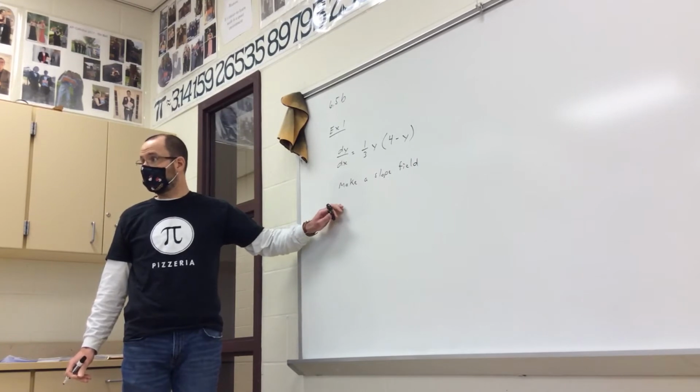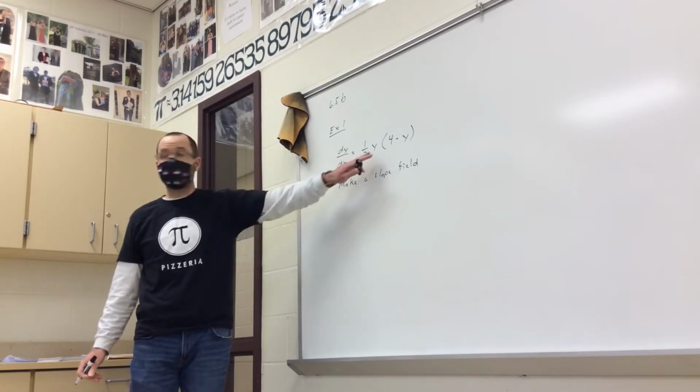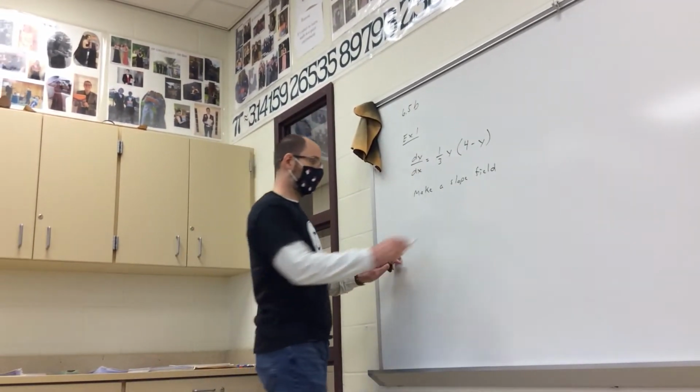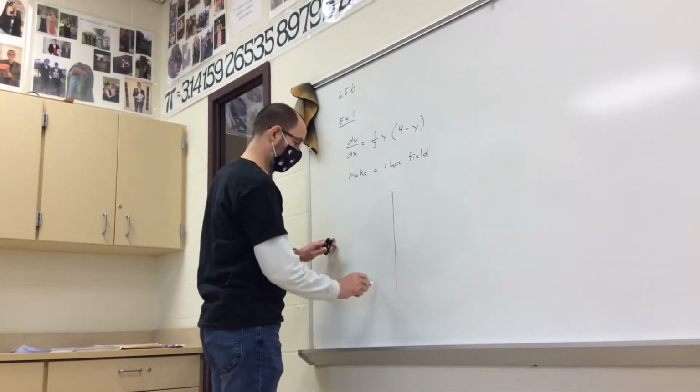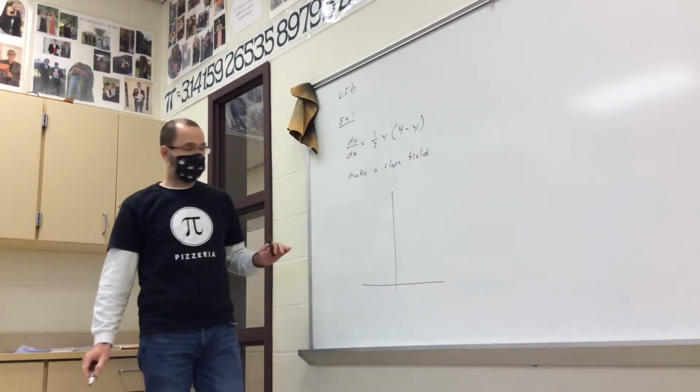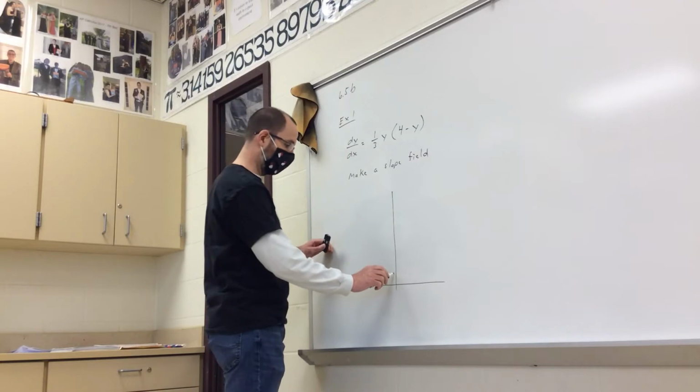So of course the slope field is when you plug a bunch of points into the slope and do all those tick marks, right? So I'm going to just do some positive numbers. First of all, I'm going to have y equal 4.